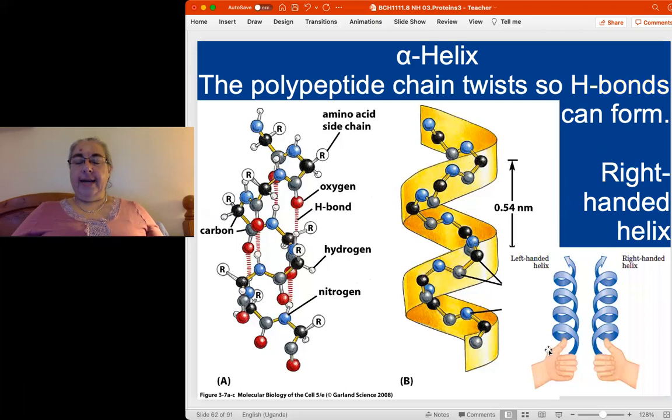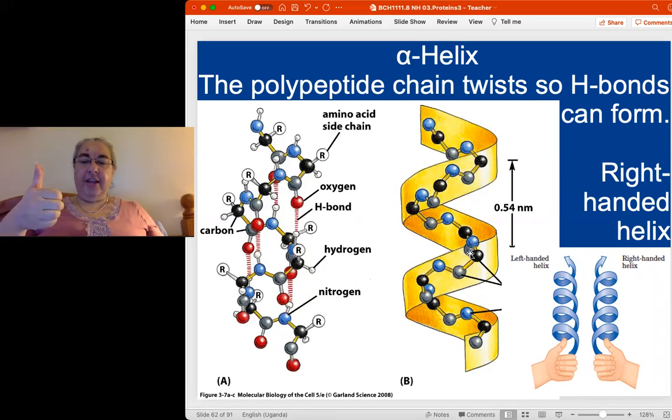It's a right-handed helix. We'll be talking more about right and left-handed helixes when we do DNA and nucleic acids. But basically, the way to tell whether it's a right or left-handed helix is to look at your thumb and fingers, curve your fingers around and move your hand in the direction of the helix.